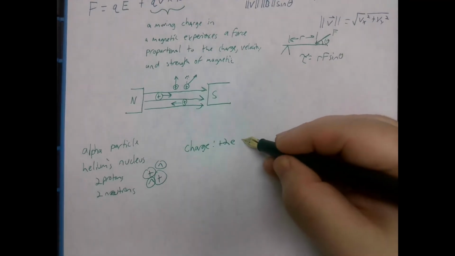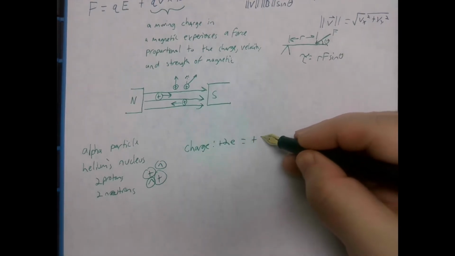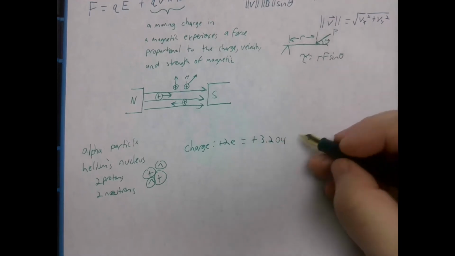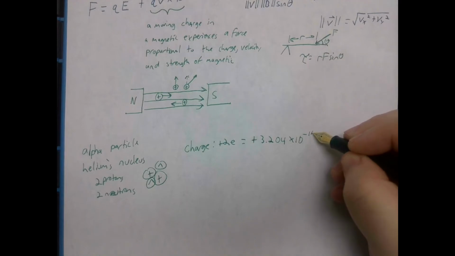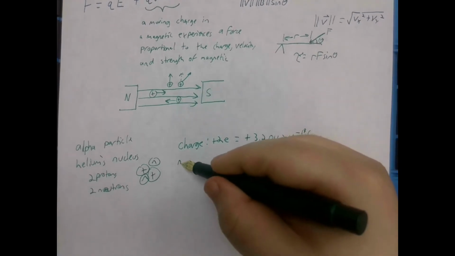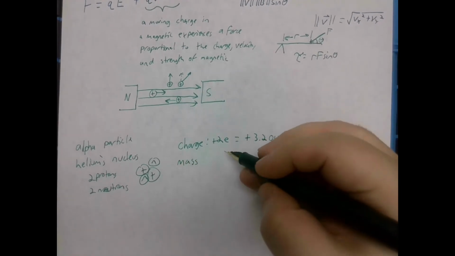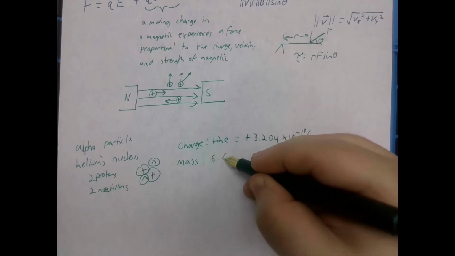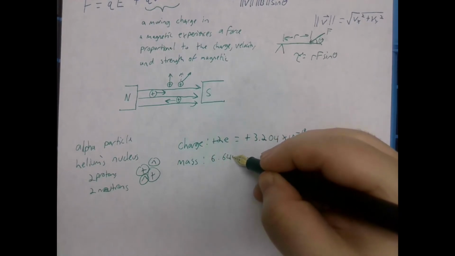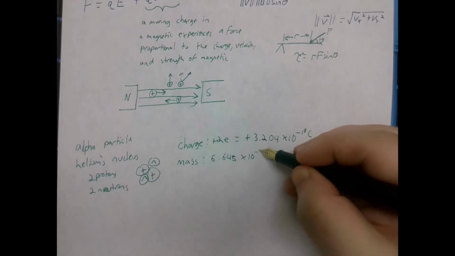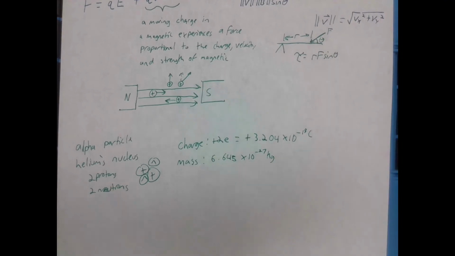So it has a charge equal to plus 3.204 times 10 to the negative 19 coulombs. Its mass would be 6.645 times 10 to the negative 27 kilograms.